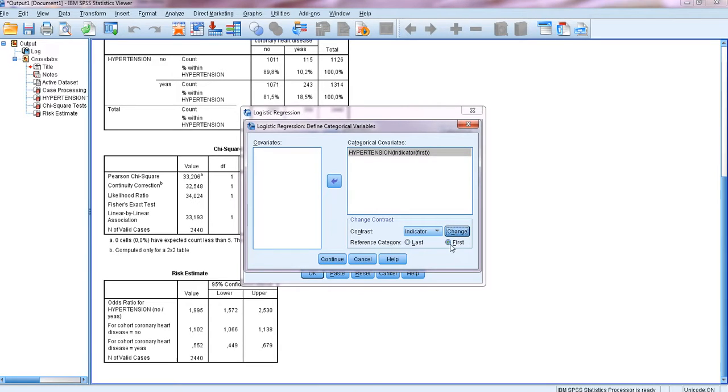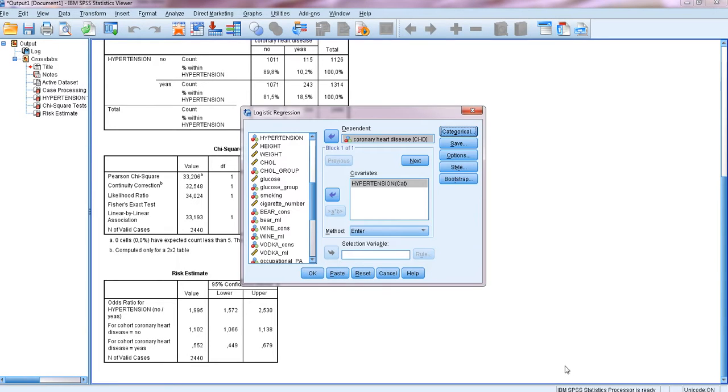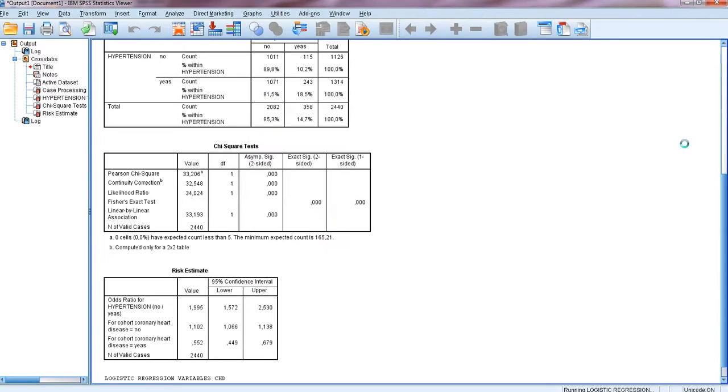I usually use the first group as the reference group for comparison, and I usually code group 1 as the best group, without the risk factor. So group 1 is normal blood pressure, group 2 is hypertension. So group 2 will always be compared to group 1. Continue and okay.